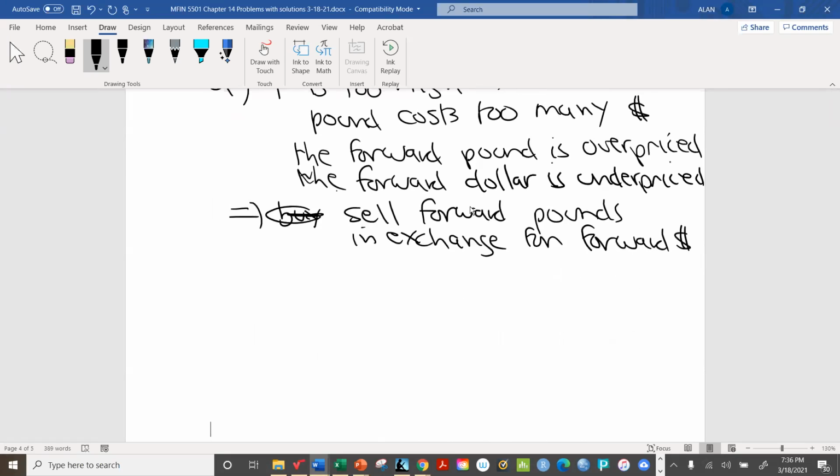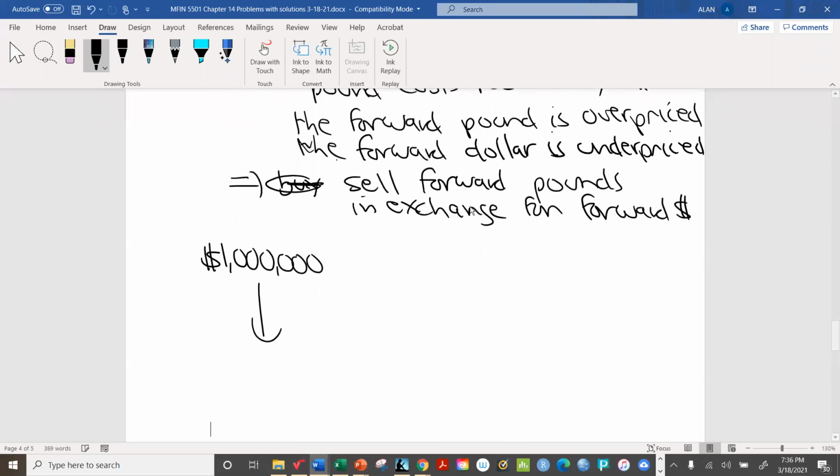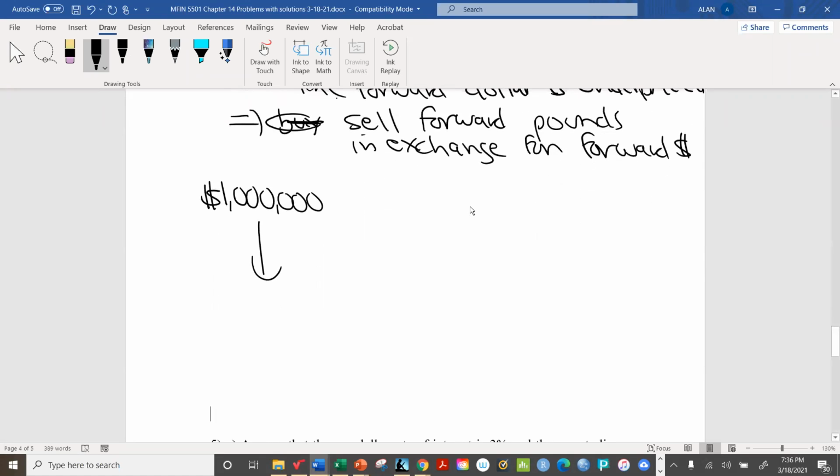So remember, we have this diagram that we can use. If we assume that we start with $1 million in the US, the diagram actually has 4 corners to it. And so what we're going to do is the following. We start with our $1 million in the United States. We convert them into pounds at the currently observed spot rate of $1.70 per pound.